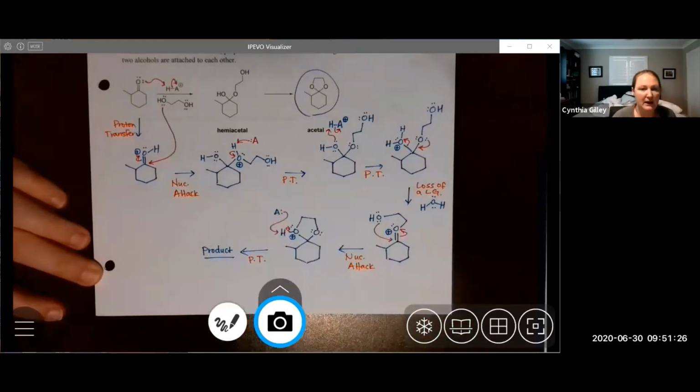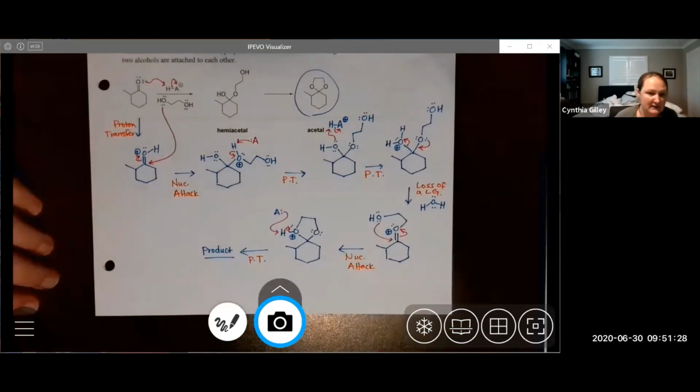Right, so note how our intermediates were either neutral or had one positive charge. We very carefully avoided any steps that would ever have a negative formal charge or had an intermediate with two positive charges. So very unlikely.